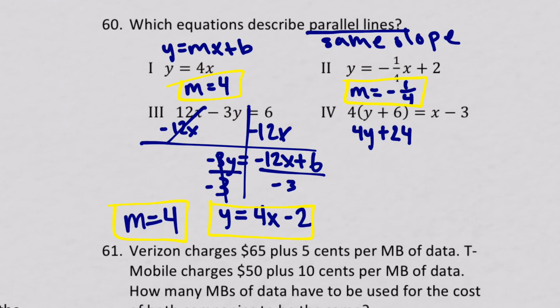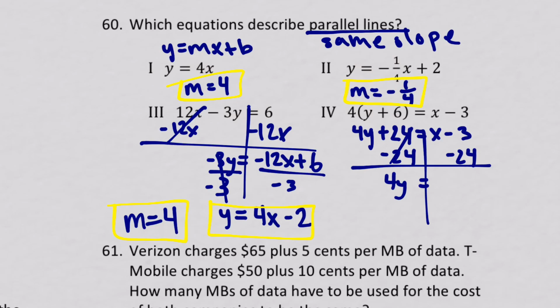When you're distributing, you need to multiply the 4 times the y, and the 4 times the 6. Equals x minus 3. So I'm going to subtract 24 here to isolate the y. So 4y is equal to x minus 3 minus 24.